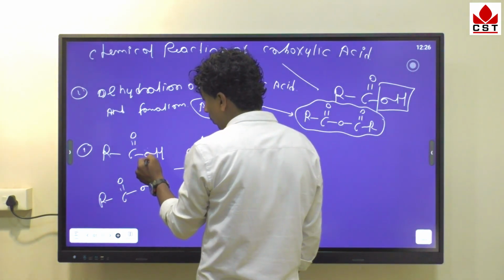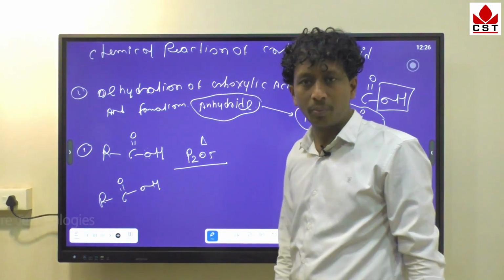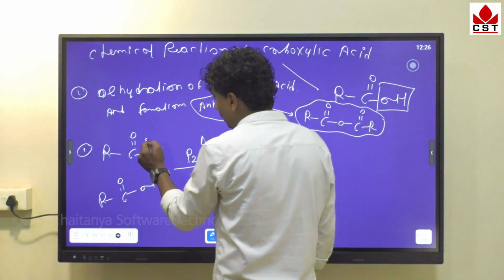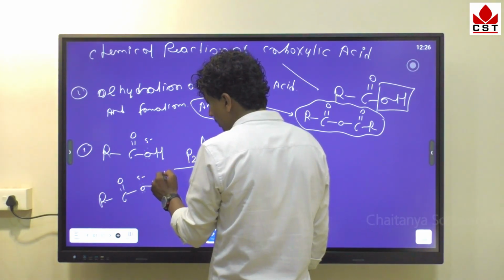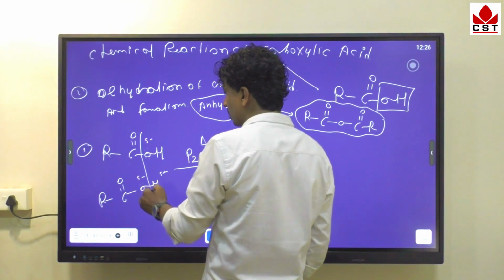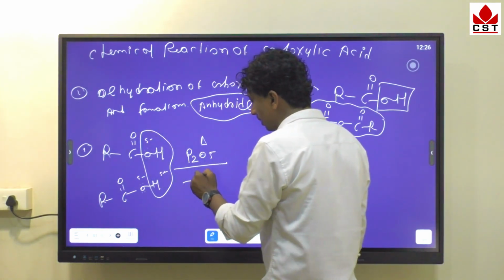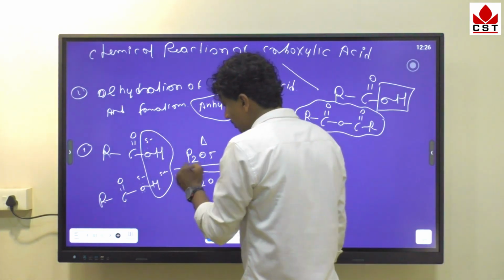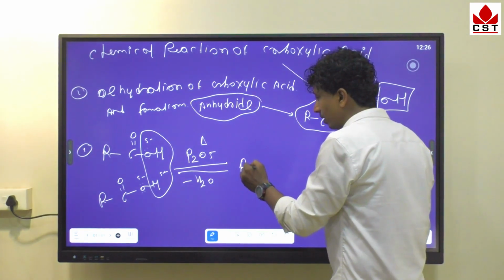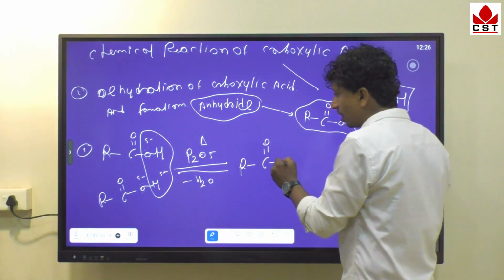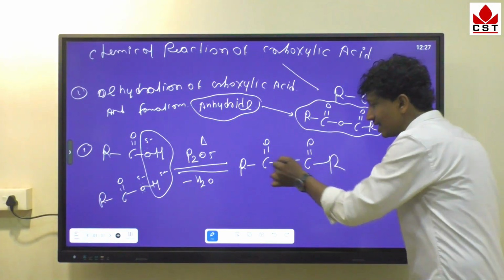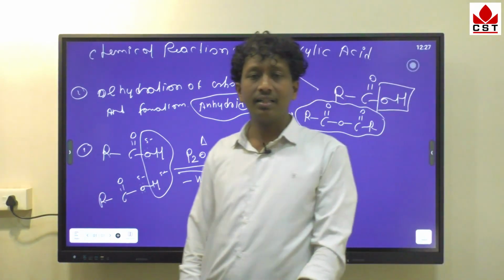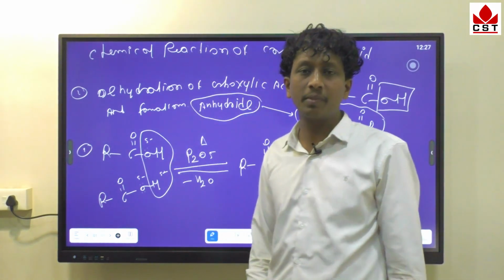Oxygen containing a lone pair carries a delta negative charge, and there is a delta positive charge. In the reaction there is OH and H, with loss of water, and the formation of RC double bond O, C double bond O, R, which is the anhydride. This is the general reaction for the preparation of anhydride.